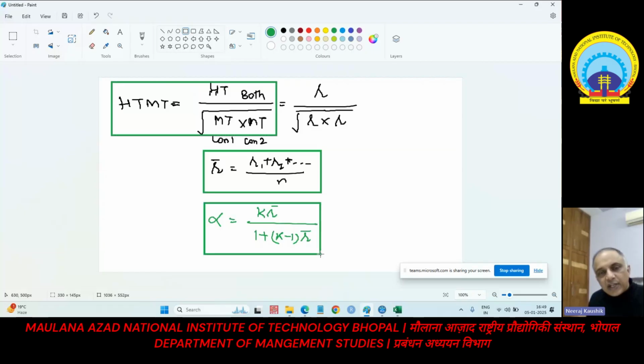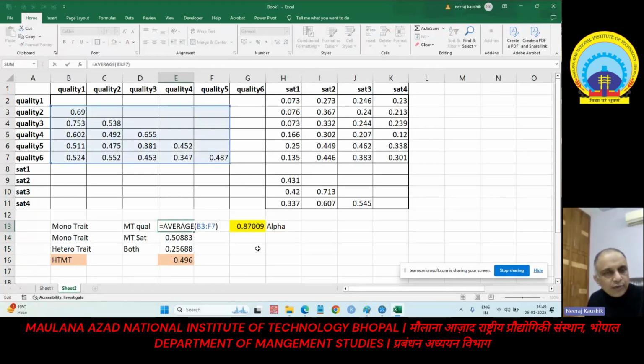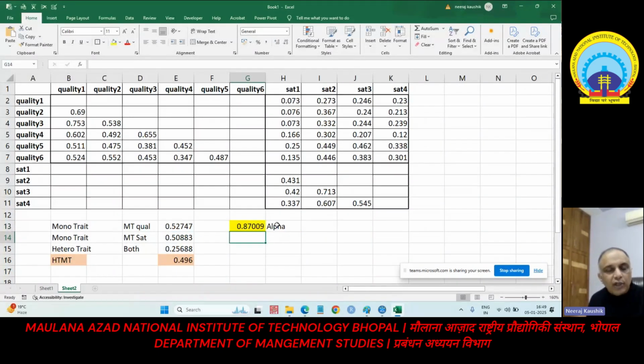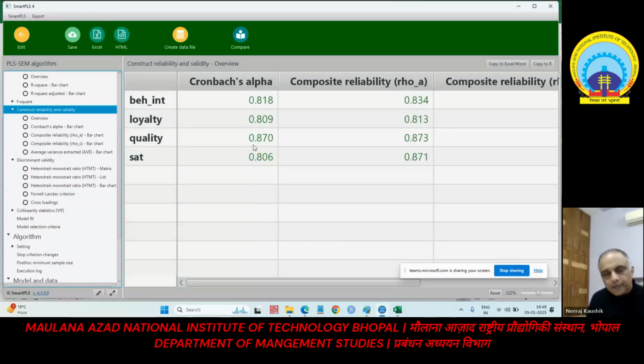I don't know what mistake I was making earlier, but check it out. I have used this MT, the average of all these. What is the formula? 6, because 6 are the values, 6 into this value, divided by 1 plus 5 into the value. It comes to 0.87, and cross checking, the Cronbach alpha for quality is 0.87.